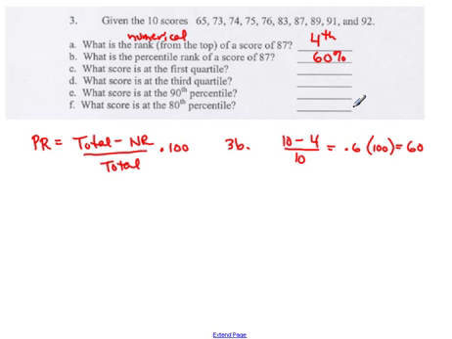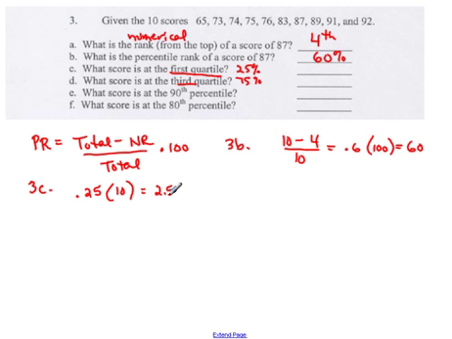Either is fine. For part 3C, if you recall that the quartiles break down to the first quartile is the score at the 25th percent, the second is 50%, and the third would be at 75%. So what we want to do is actually find the score that breaks this into the first quartile and the third quartile. So I'm going to change 25% to a decimal, which would be 0.25, multiply by the total number of scores, which is 10, and you get 2.5.